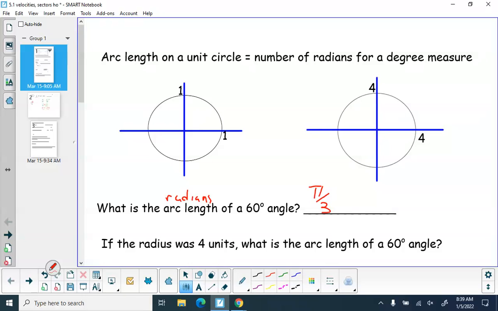If I take a look at 60 degrees, this arc length on the circle is pi over 3, which is also the number of radians.